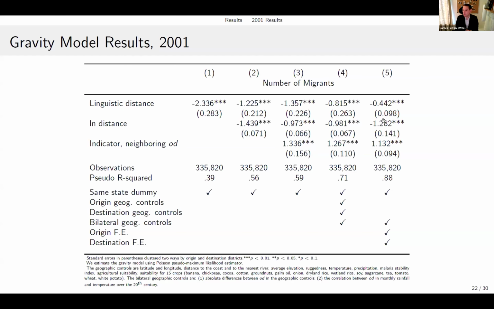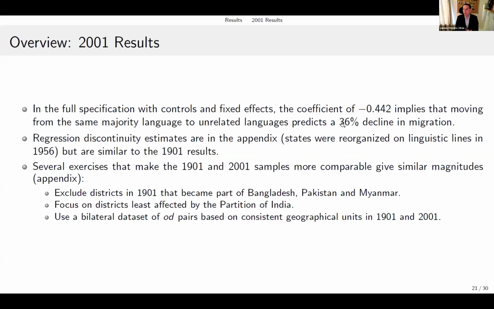But it settles down to a number that's negative 0.442. How do you think about that? Well, you think about that as a percentage decline due to moving from completely related to completely unrelated that is really similar to what we find in the colonial period.